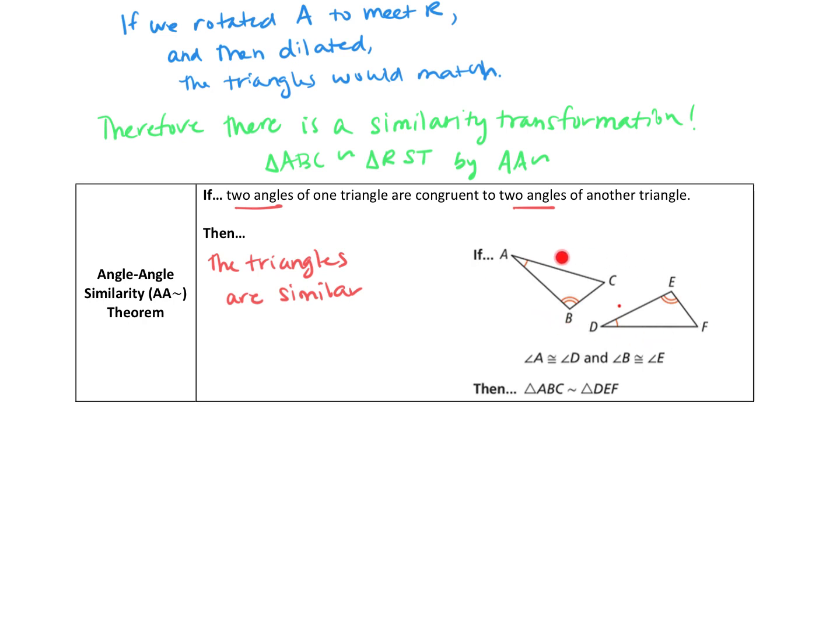If we know this to be true, we can see that angle A is congruent to angle D, angle B is congruent to angle E. That's enough information for us to make this statement: then the triangles are similar. And we include "by angle-angle similarity," because that's what we would include if we were doing a problem like this.